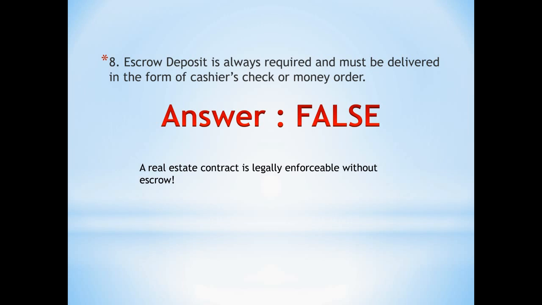It can be anything that the parties agree on that has some sort of value, that in the case that a buyer breaches, the seller gets to keep it and in exchange is not going to sue the buyer for additional damages.